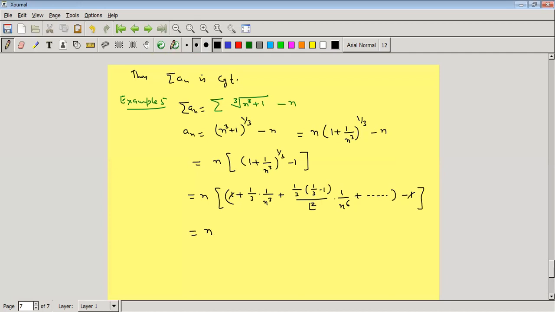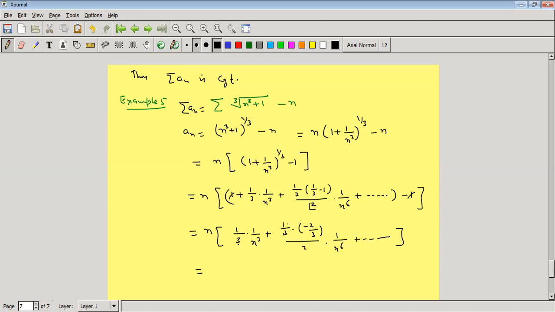So we have n into 1 upon 3 into 1 upon n cube, plus 1 upon 3 into minus 2 by 3 upon 2 into 1 upon n to the power 6, plus so on.